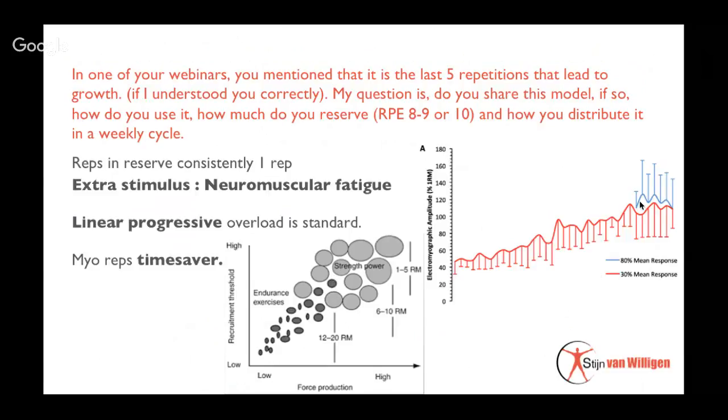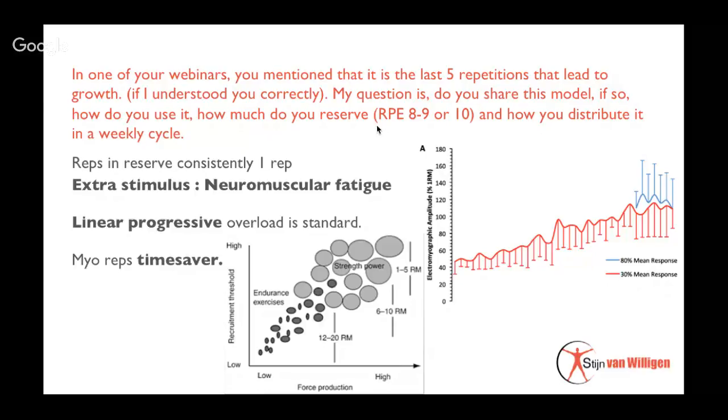And you also see this in the muscle activity. Basically, muscle activity starts at 50% when you're at 30% of your 1 rep max, and then it comes close to doing 5 or 6 repetitions with 80% of your 1 rep max. So it's not going to reach it, but it's going to come very close.